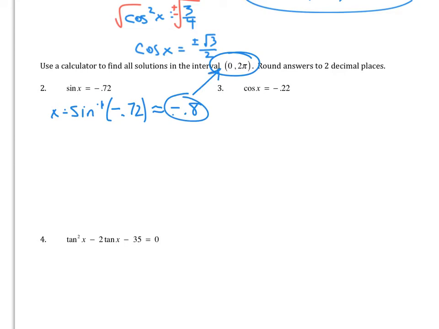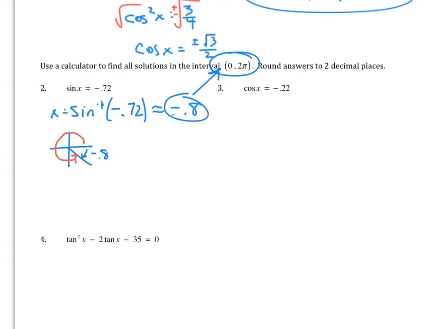If need be, think about a sketch, okay? So negative 0.8 would go this direction, but I want a positive angle measure, so I need to go this direction.